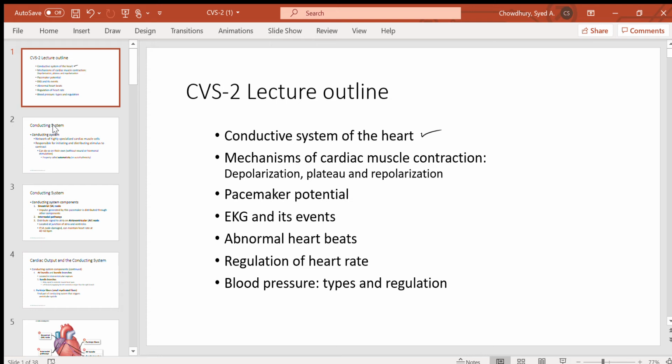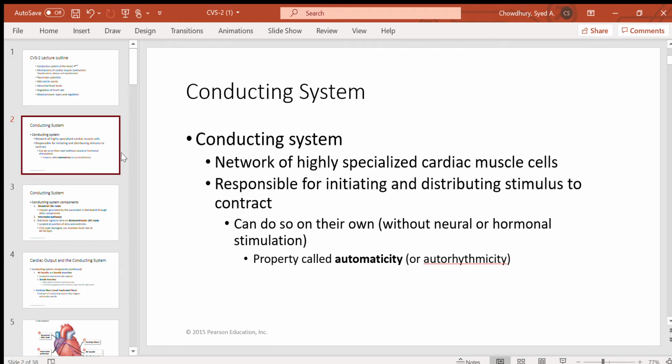The conductive system is formed by a highly specialized conductive tissue, and that system is responsible for the production or generation and transmission of the electrical impulse. Okay, so in the conductive system, you have the structures.